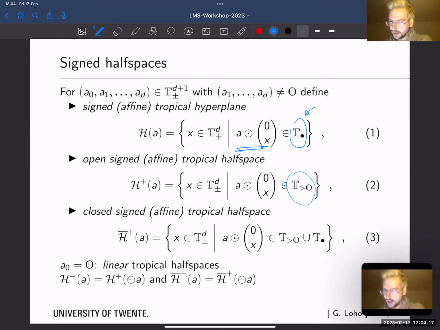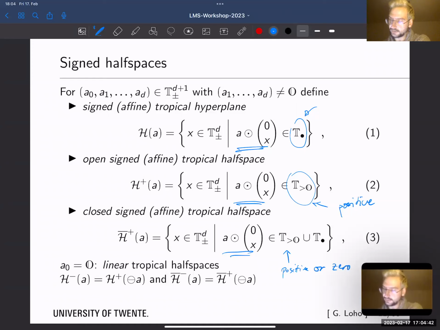Again, a half space arises by taking a linear form and looking at whether it's positive or non-negative. This would correspond to positive, and this is positive or 0.